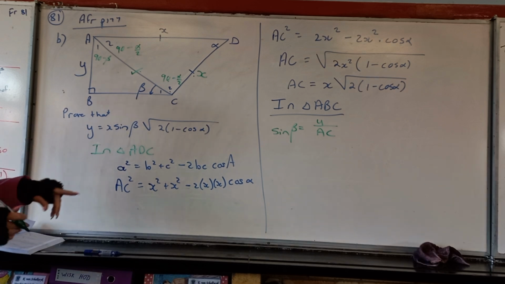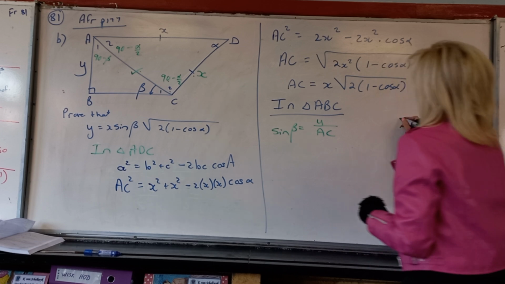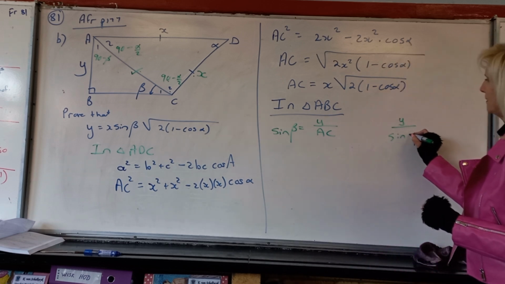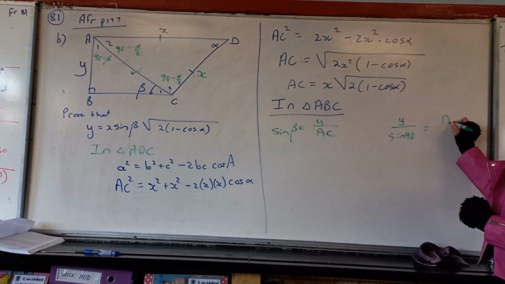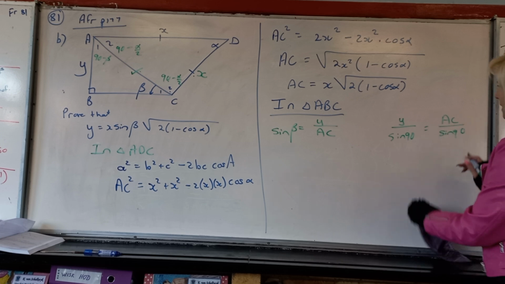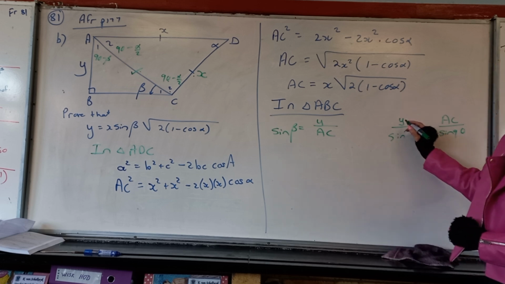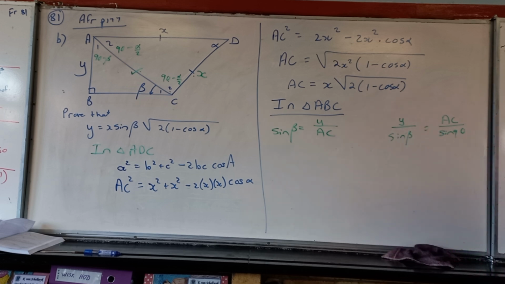The other way of doing it was sin rule. You would have said y over sin 90 would be equal to the AC over sin. Oh, sorry, no, I'm doing it wrong. That one's the 90. Sorry, y over sin beta and AC over sin 90. This is 1. So y is equal to AC times sin beta.